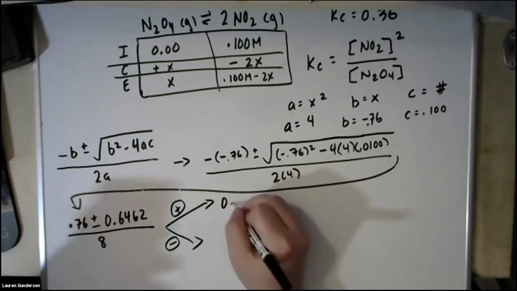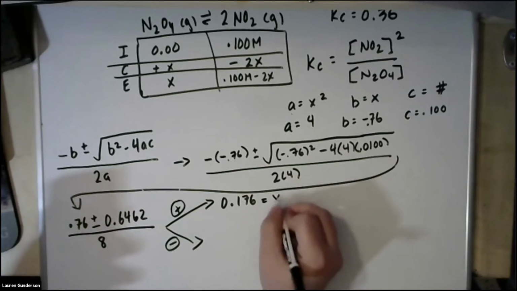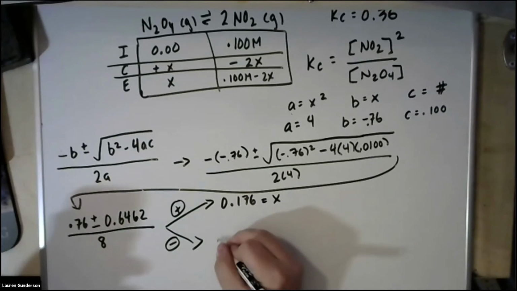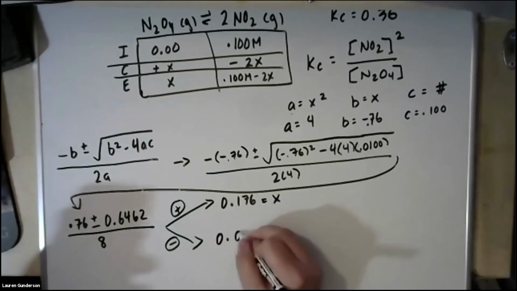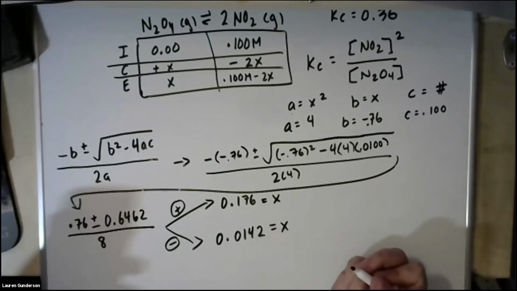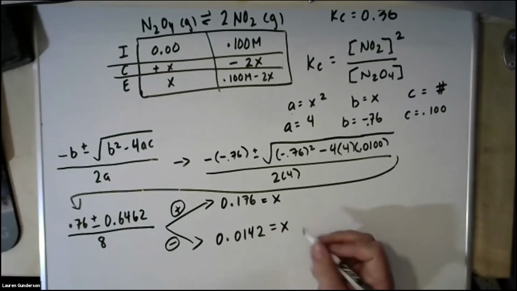Okay, so we have 0.176 equals x, and we have 0.0142 equals x.